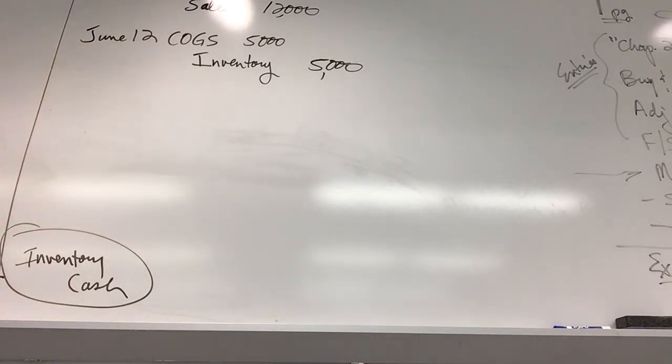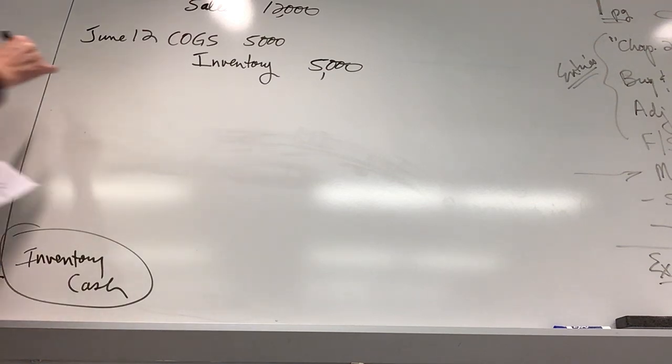We call it cost of goods sold, because that's what it is. It's the cost of the goods you just sold. Okay? So two entries, one for the sales price, accounts receivable and sales, and one for the cost of the goods. We're taking it out of inventory and moving it into the expense. Right? Everybody got that?